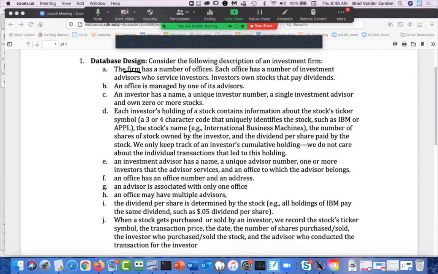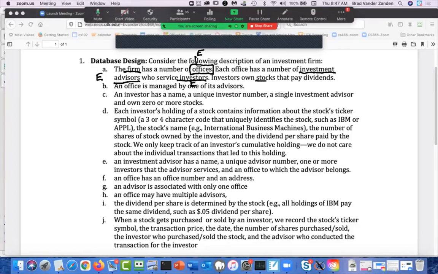So we start out, the firm has a number of offices. Now that sounds more promising. This sounds like an entity. Each office has a number of investment advisors. That also sounds promising, as though it might be an entity. Who service investors. Sounds like another entity, because that's physical.